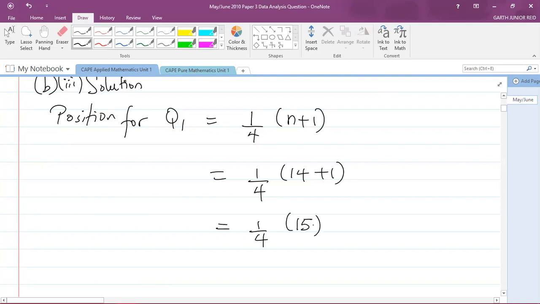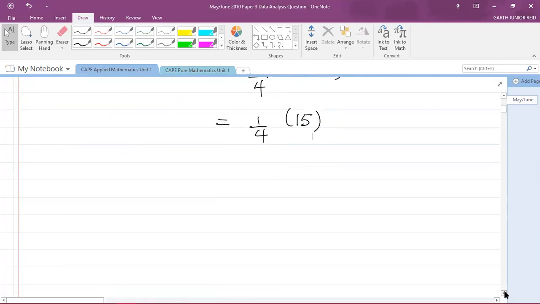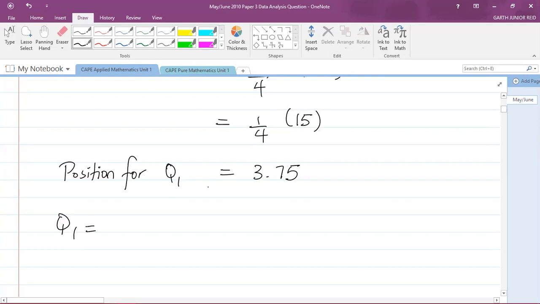If you put that into your calculator, you will get 3.75. That is the position for Q1.